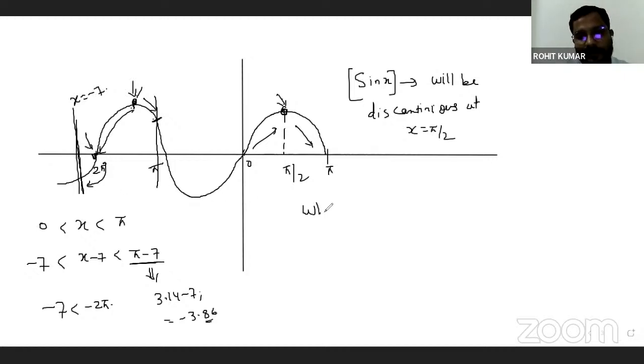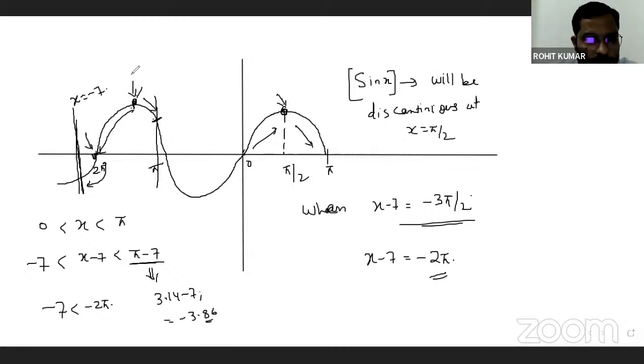So when x minus 7 is equal to minus 3 pi by 2, there is a point of discontinuity. And when x minus 7 is equal to minus 2 pi, there is another point of discontinuity. These 2 points of discontinuity come because of sin(x minus 7).